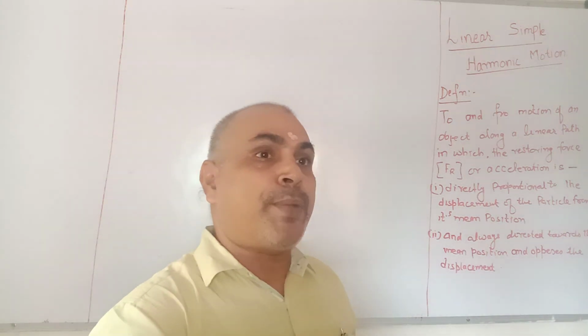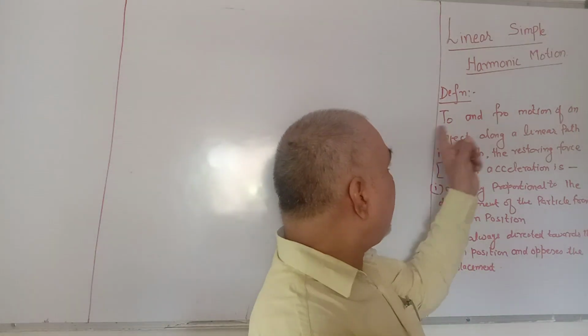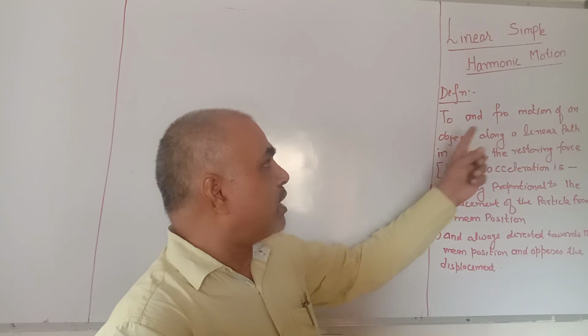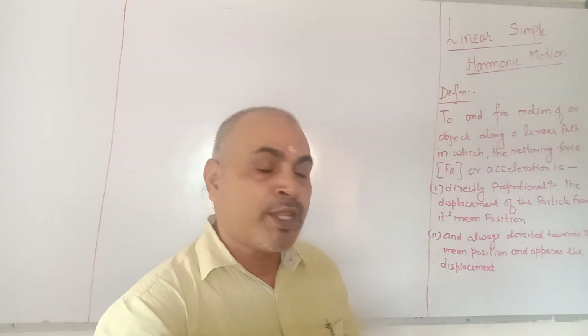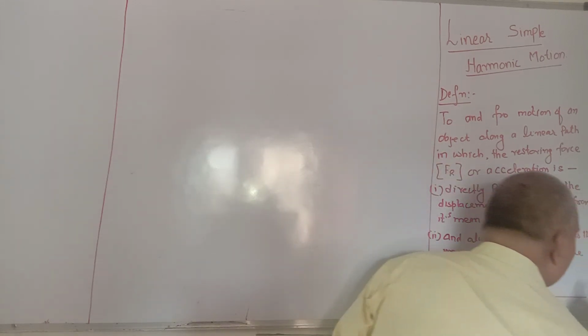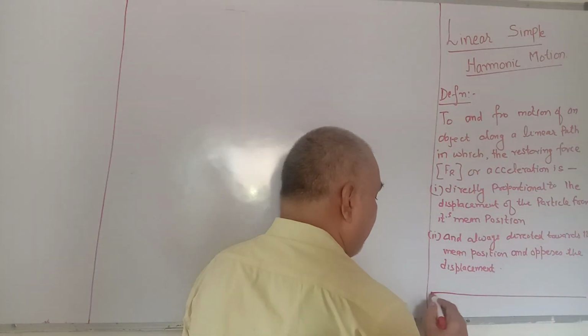What is linear simple harmonic motion? It is to and fro motion of any object along a linear path. Suppose the object is moving along this linear path.